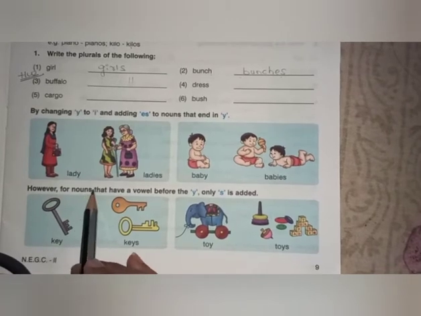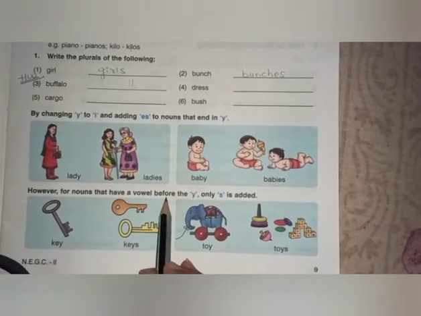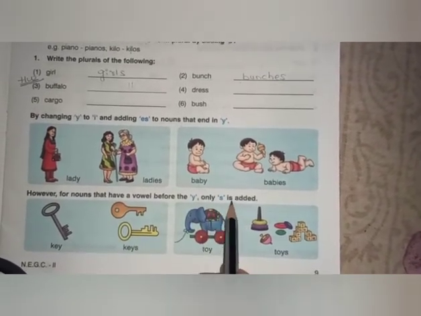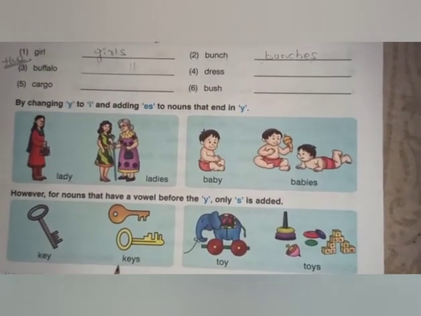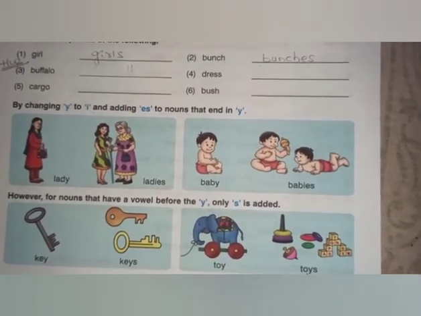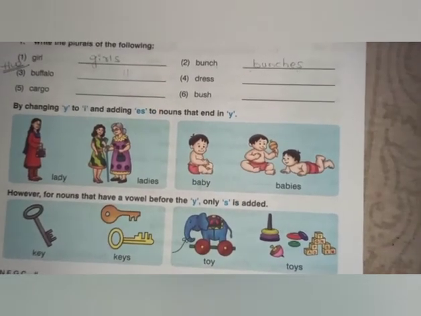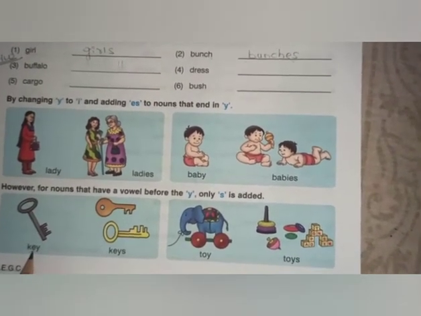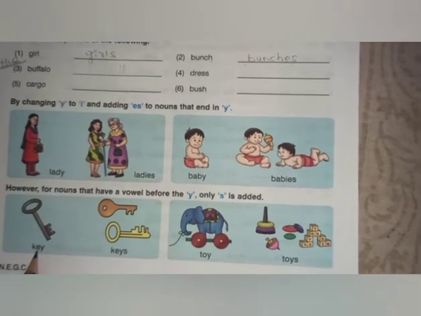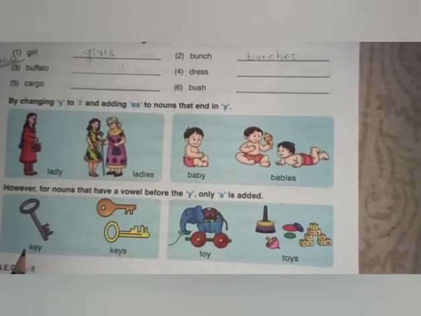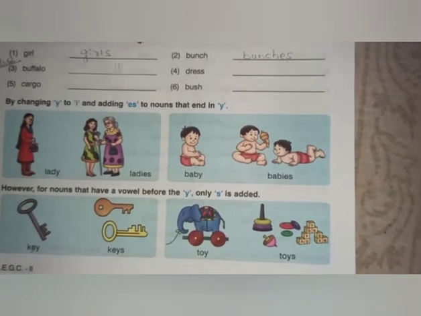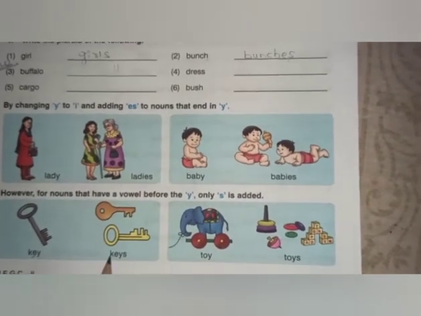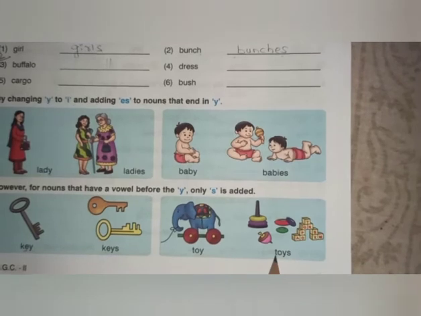However, for nouns that have a vowel before the Y, only S is added. For example, key, keys. Toy, toys. E is a vowel. For nouns that have a vowel before Y, we have to add S to make it plural form.